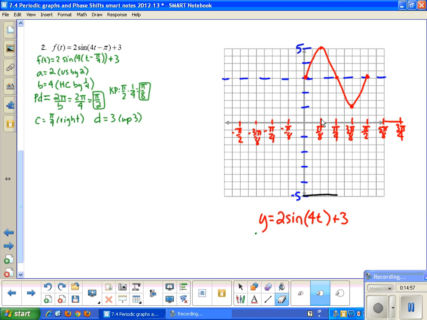So that means I'm moving my graph over by 2 key points. So that means that this value right here would move over to not here, but right to there. So I'm going to take my graph and move it. And so this would shift my graph right here over pi over 4.